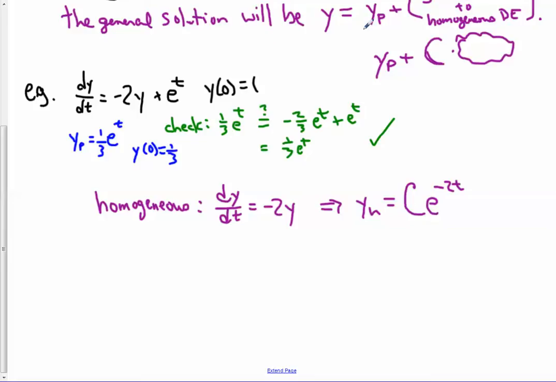Okay, so putting it all together, my general solution would be y equals, and I take my particular solution, that was a solution but didn't have the right initial condition, and then I'm going to add the homogeneous general solution.